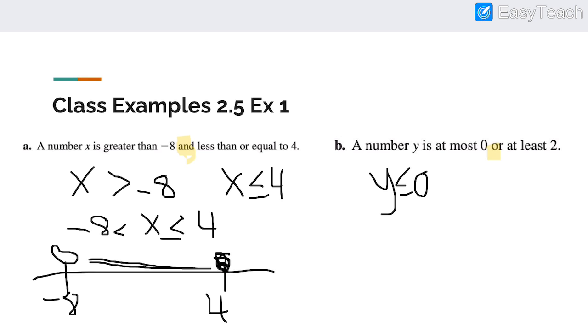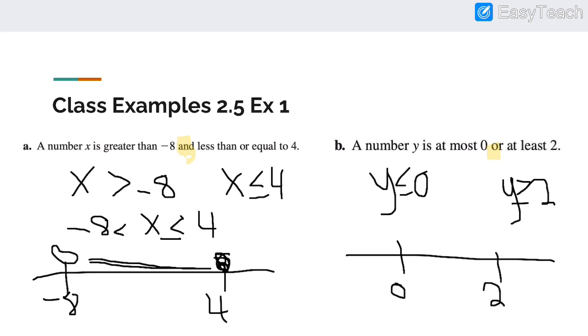It has to be at least 2, so y is going to be greater than or equal to 2. Again, you would go on your number line, use your 2 anchors, the 2 values that they give you, and in this case, because it's "or", it's going to be pointing out each direction. And in this case, they're both filled in because they both have that "or equal to" sign within them.